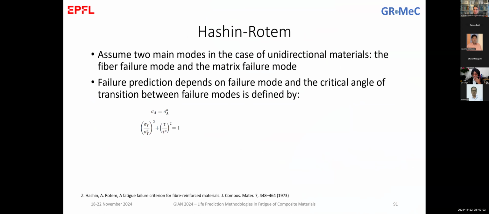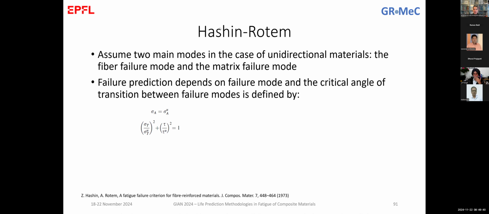In the past, several criteria have been introduced in this sense. Here you see again an ellipse, or actually a circle, where we have the material properties in transverse, normal and shear. These are defined in this equation. And there is also another simple equation relating the fatigue stress along the axis to the maximum stress at static loading.